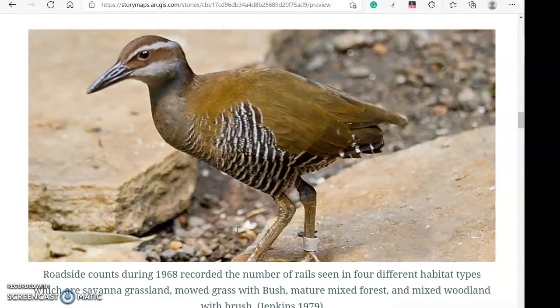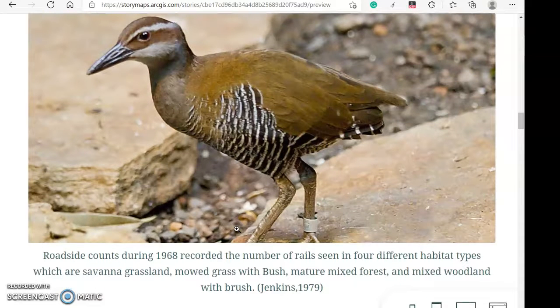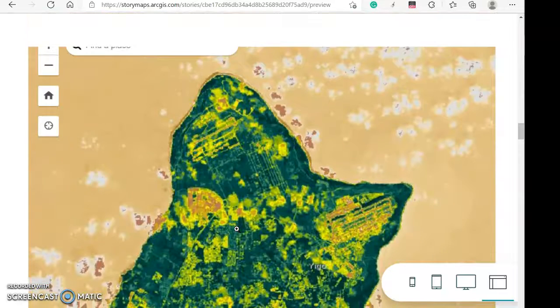So the Guam rail mostly stays in those areas, and the brown tree snakes stay in highly dense jungle areas. Thankfully, that's not where the bird resides.